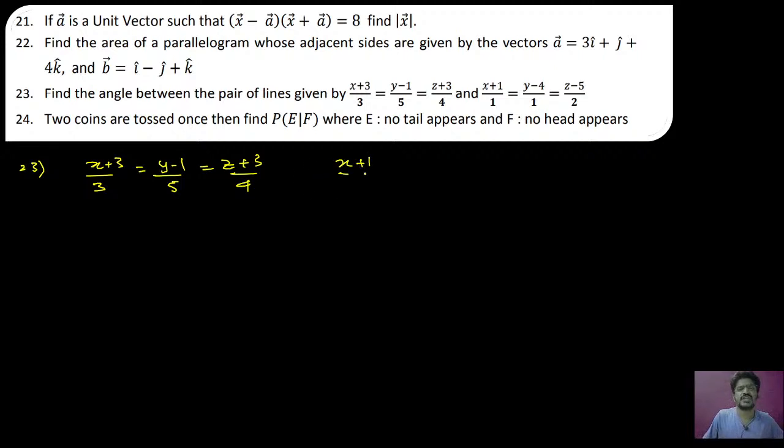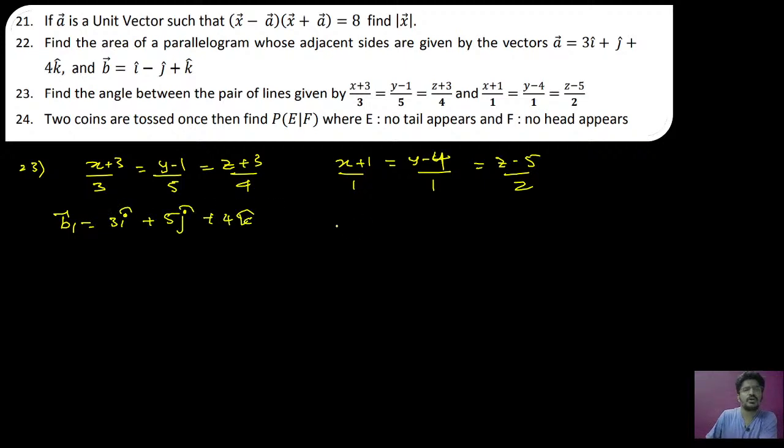And another one is x plus 1 divided by 1, y minus 4 divided by 1, z minus 5 divided by 2. Very good. Let us go for the angle. What is the formula between two vectors? Here first you write b1 vector 3i cap plus 5j cap plus 4k cap. Write vector b2, that is i cap plus j cap plus 2k cap.